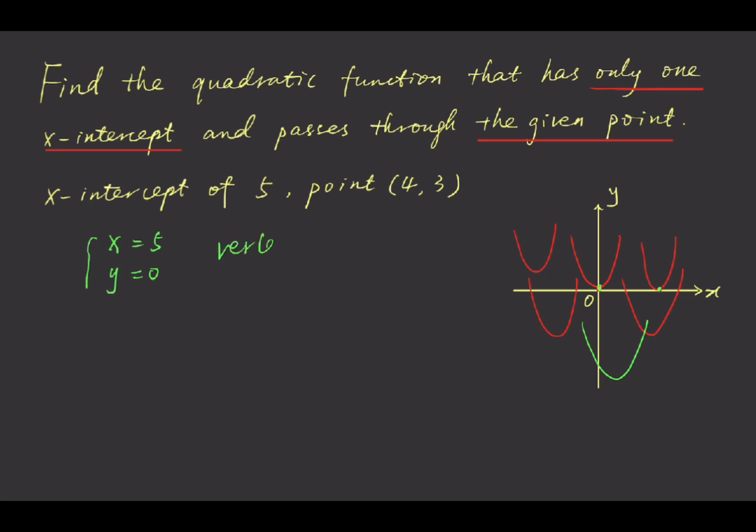So the vertex coordinate should be (5, 0). Simultaneously, this function also passes through the given point (4, 3). So we have two points on this graph.